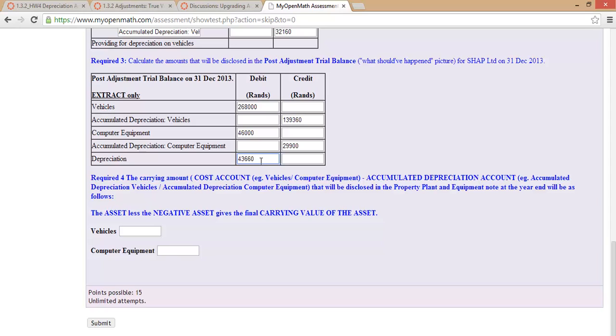Finally, this question asks us to complete the carrying amount that will be disclosed in the property, plant and equipment note at the year end. You will remember that the carrying amount is made up of two accounts. My carrying amount, which is the actual value of the asset, is made up of two accounts.